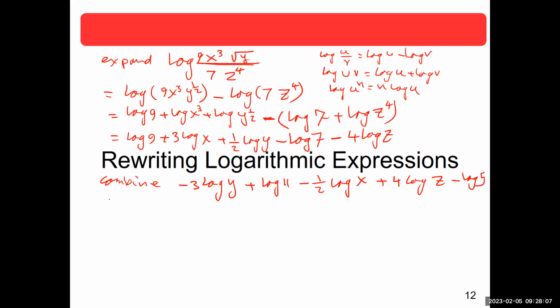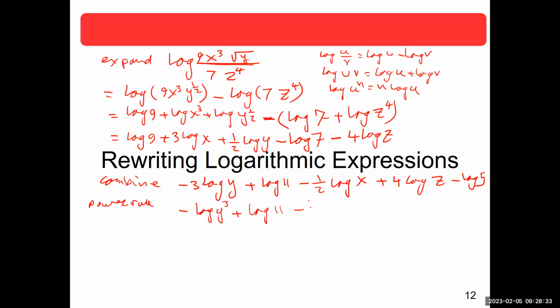First, use the power rule backward. Move the power to the top. Leave the sign, the negative sign, don't touch it. Negative log of y to the power 3 plus log of 11, nothing to change here, no power.